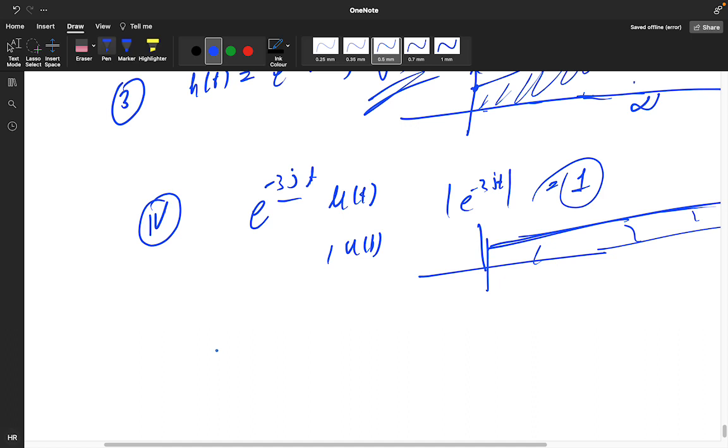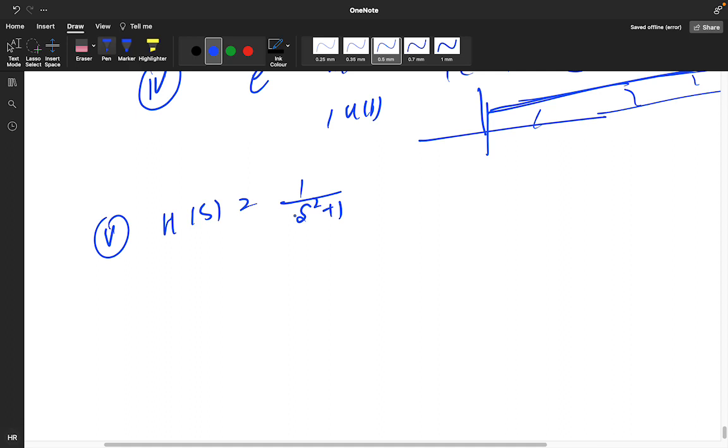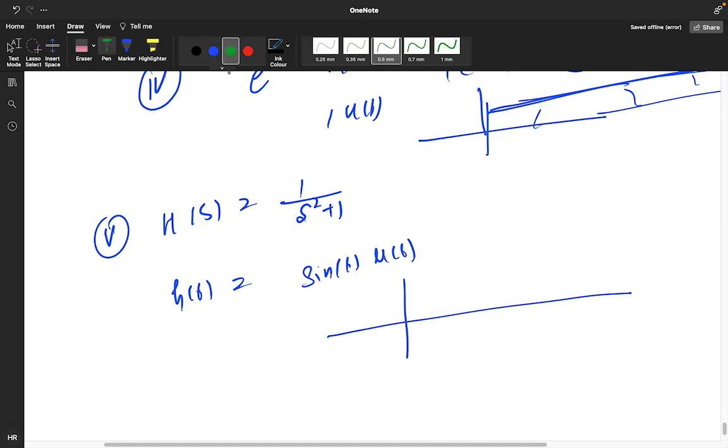Okay. And fifth, if they had given h of s is equals to 1 divided by s square plus 1, what is the inverse Laplace transform? h of t is equals to sin t u of t. So the curve is like this.